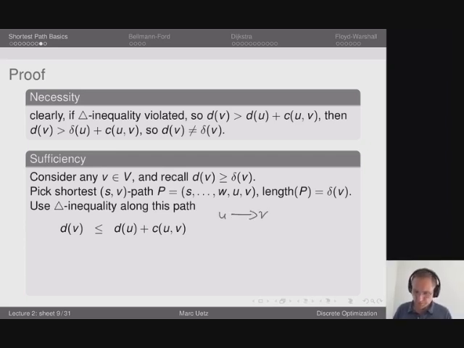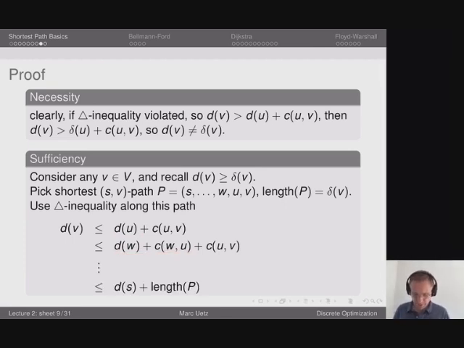So we know that d of V is at most d of U plus the length of the corresponding arc from U to V. And now we look at the predecessor of U. So there is some predecessor of U, which we called W, and we can again use the triangle inequality along this arc. Okay, this gives us the next inequality. So d of U is smaller or equal than d of W plus the length of the arc from W to U, and so on and so on.